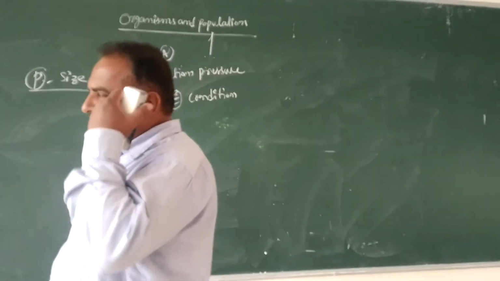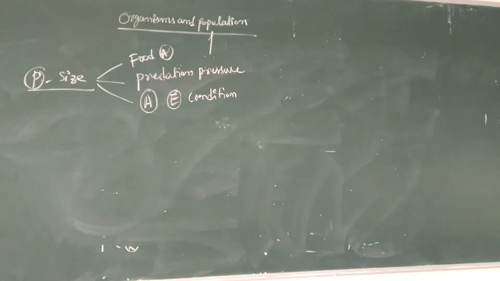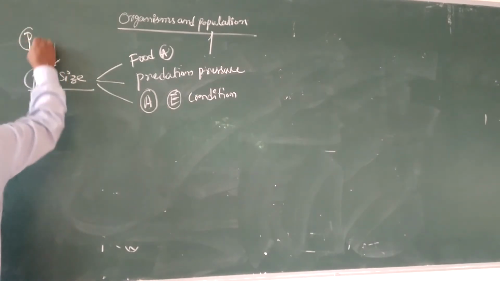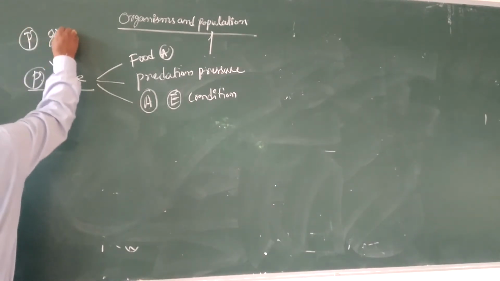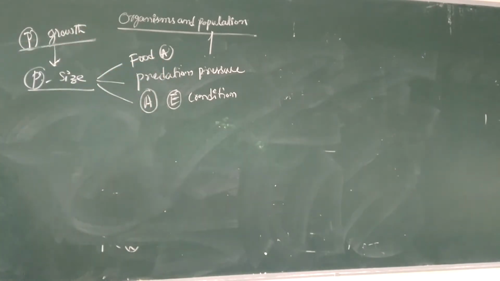These are the factors which influence the growth size. Population size depends on population growth, and population growth depends on food availability, predation pressure, and adverse environmental or weather conditions.